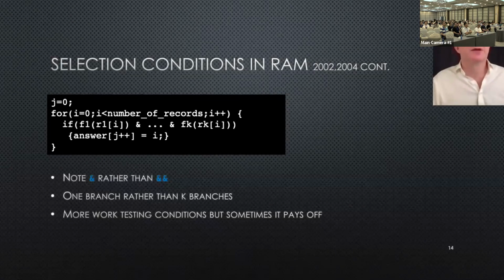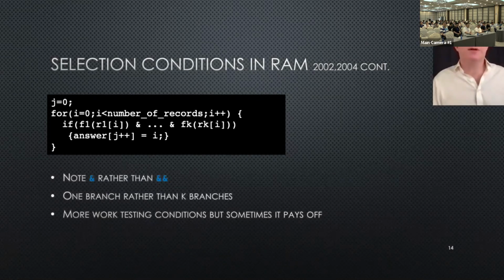if one of the early Fs fails. However, the assembly language generated from the first version would have K branch instructions, depending on checking the first condition, then the second condition, then the third condition, and so on. This version will only have one branch, where you take the combined function, and based on whether that's true or false, you'll have a branch.